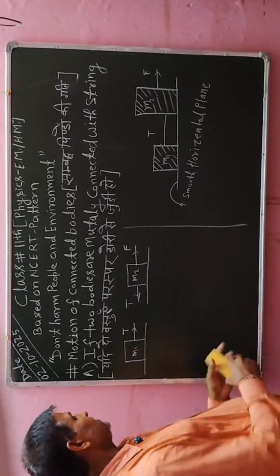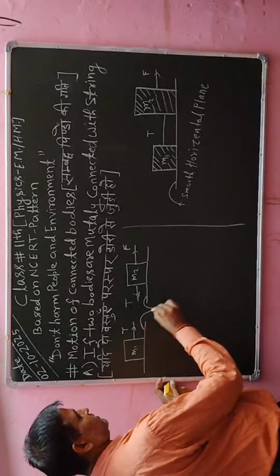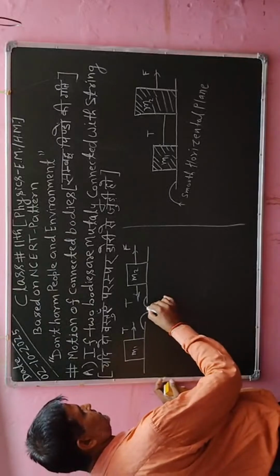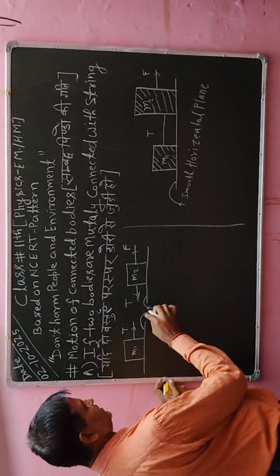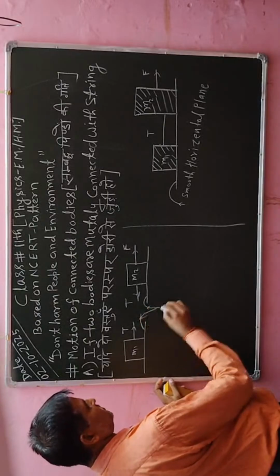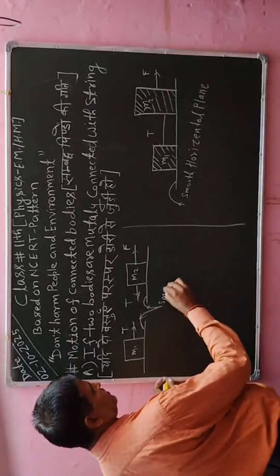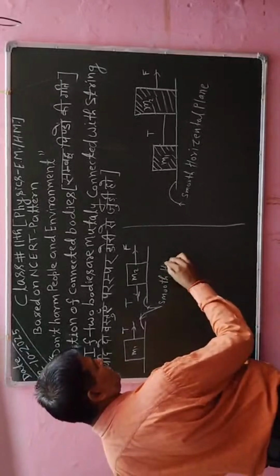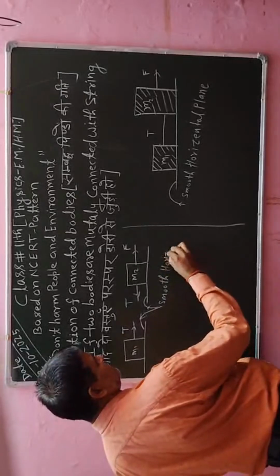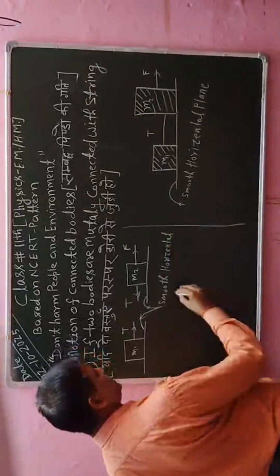Now this plane I am saying is the smooth horizontal plane. So here I have to write smooth horizontal plane. This is the smooth horizontal plane.